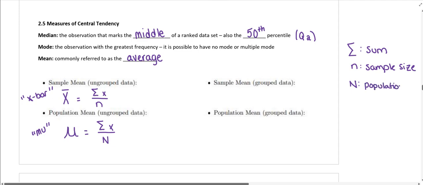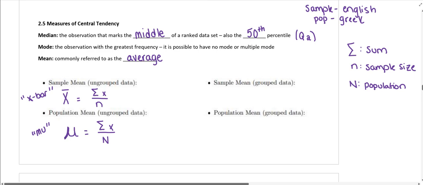Okay, so about the sample and the population, a sample is going to use the English alphabet, and a population is going to be using the Greek alphabet when you're looking at the notations. So you have the mu here for your population mean.